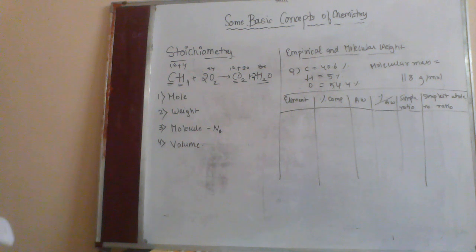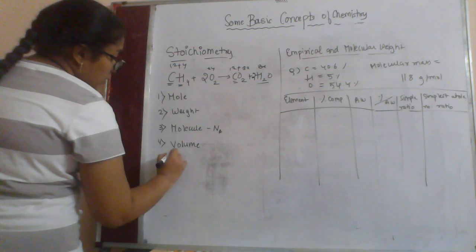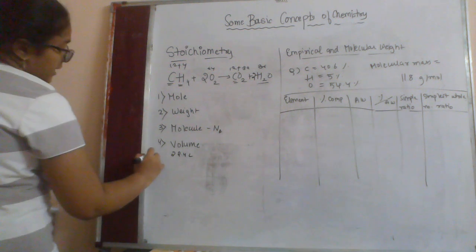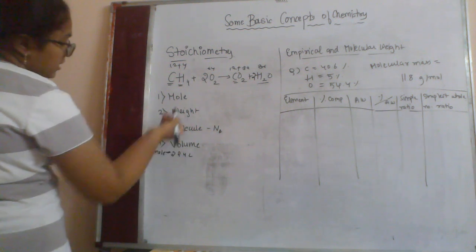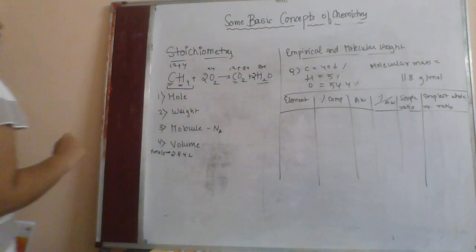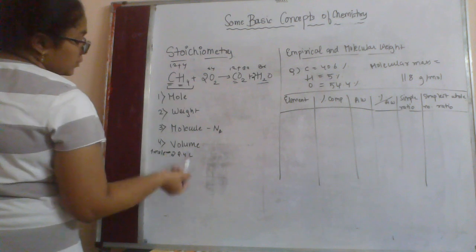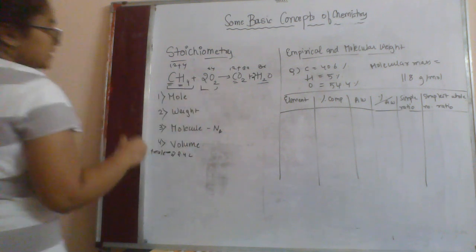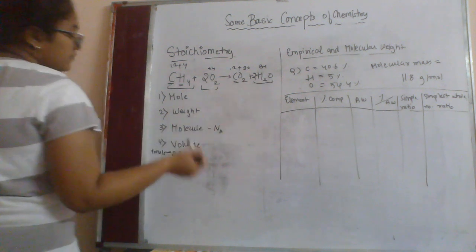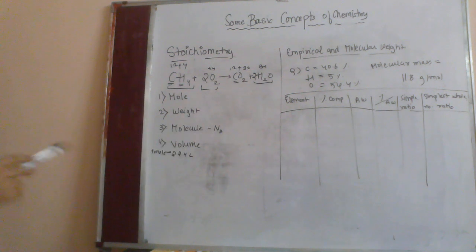In terms of volume, molar volume is 22.4 liters for 1 mole. So wherever I wrote 1 mole, I write 22.4 liters: 22.4 liters of methane on reacting with 2 into 22.4, that is 44.8 liters of oxygen, will give me 22.4 liters of carbon dioxide plus 44.8 liters of water or H2O. So this was stoichiometry.